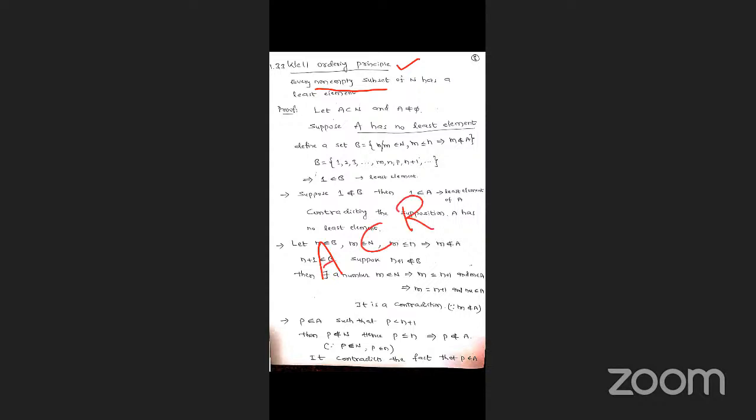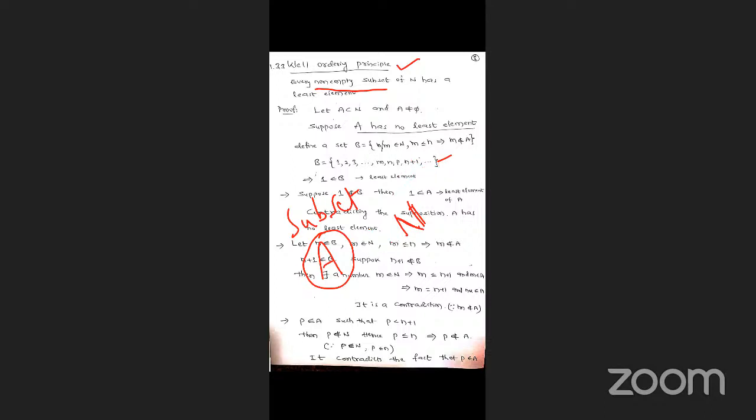Here we replace R with N. It is not the real number system, it is the natural number system. Natural numbers having a least element. Here N is the set, A is the subset. The statement is every non-empty subset A of N has a least element.